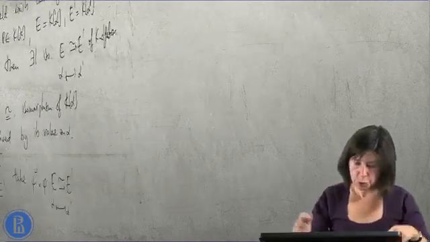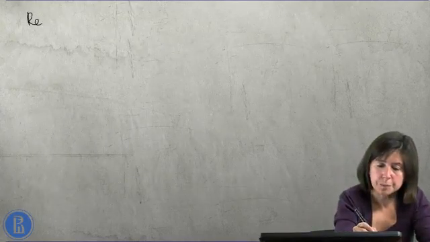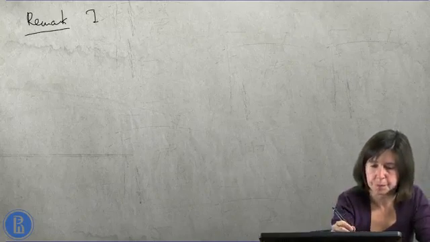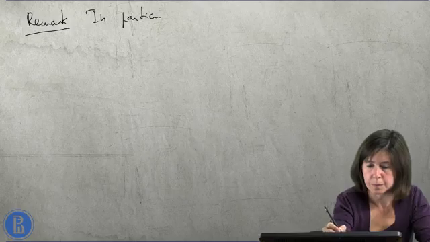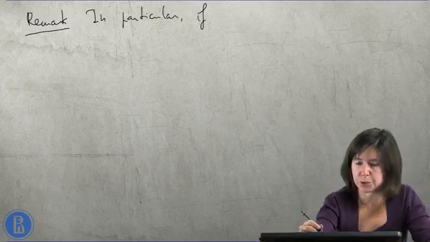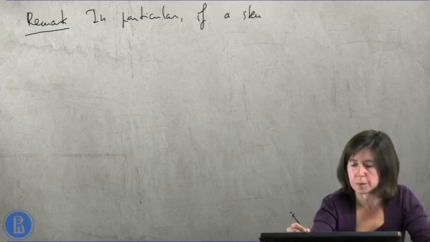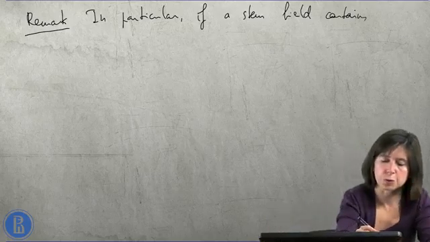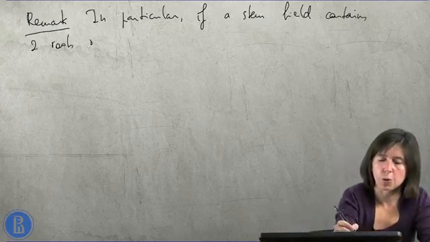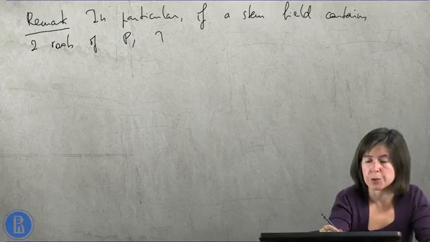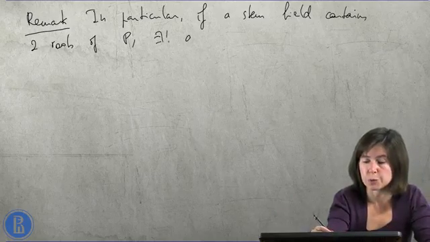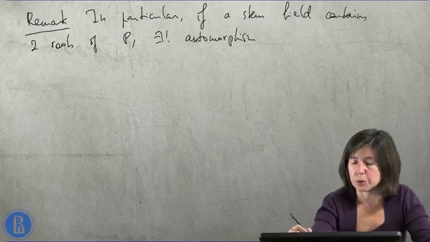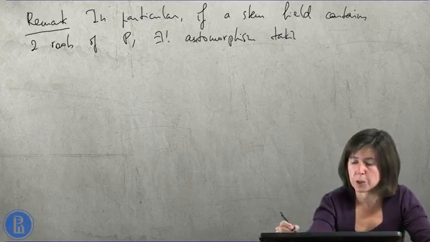Okay. So in particular, remark. In particular, if a stem field contains two roots of P, there exists a unique automorphism of it taking one to the other.